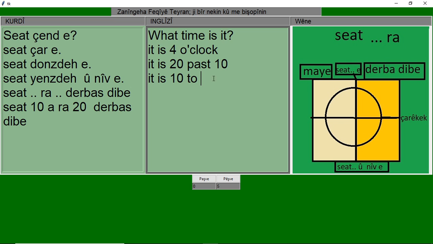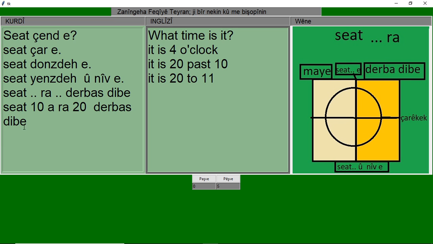Okay, 20 past 10. I said that thing wrongly. This is right. I will say 20 still. It might be much better to say 20. Let's say it is like this: 22:11.